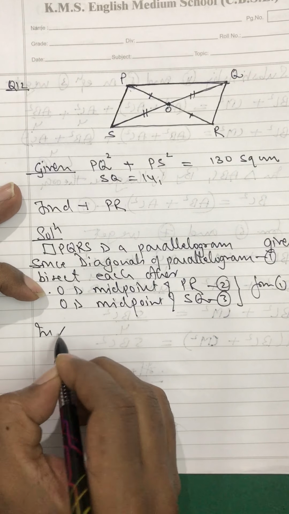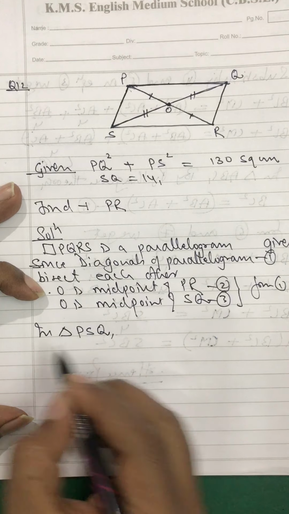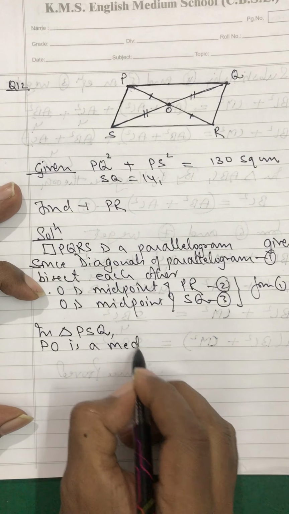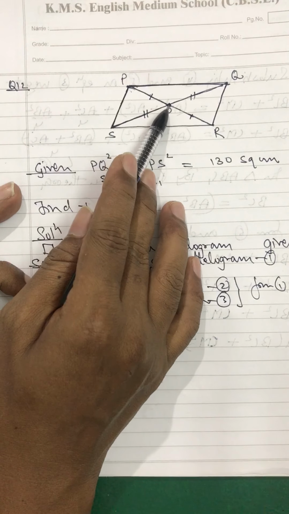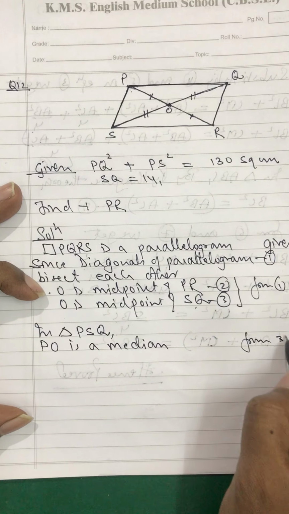Now in triangle PSQ, PO is a median, because O is the midpoint of SQ from 3.